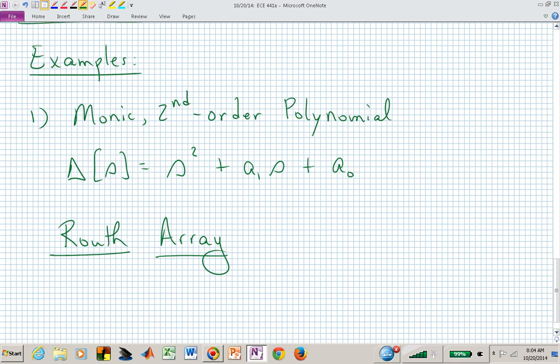If you've already done your homework, this should just be writing down coefficients. There are no numbers. We're trying to do this for a generic second order polynomial. And this will now give you insight. Anytime you see a second order factor, you'll be able to tell whether the roots of that second order factor are in the left half plane or not.